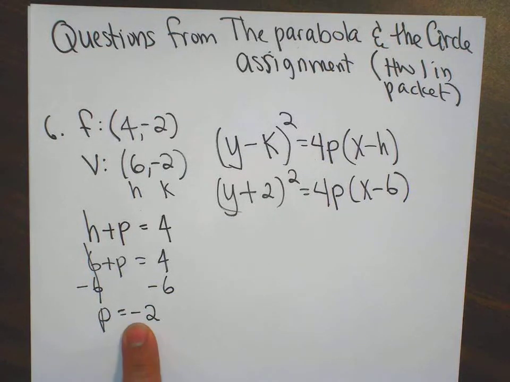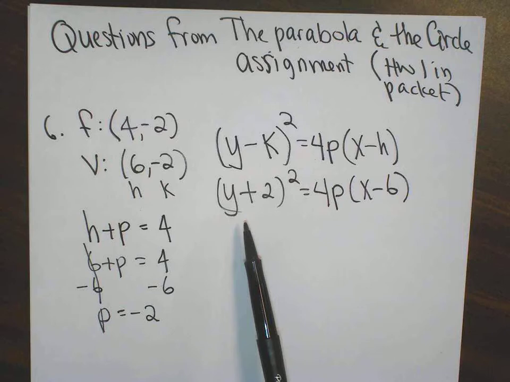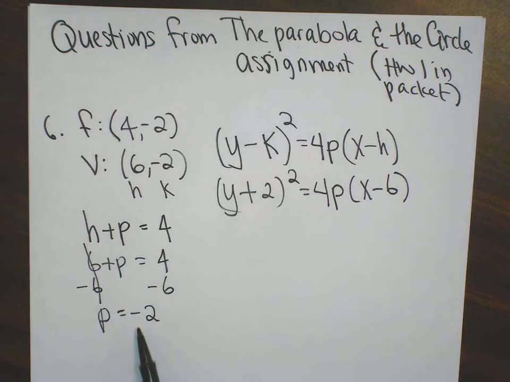So this negative tells me which direction the parabola is going to open, right? Since this is going to be y dominant, it's going to either open to the left or to the right. And since p is negative, which way will it open? To the left.